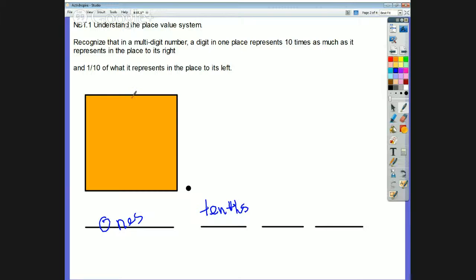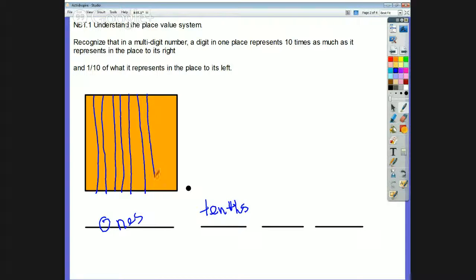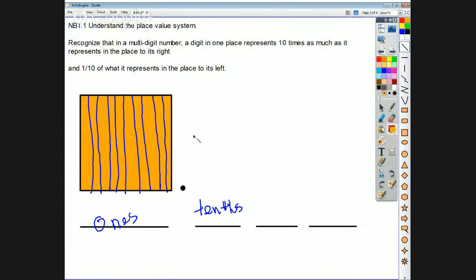If I divided this ones place into 10 slices, or bars, only one of these is the size of the place to the right. So I can divide this ones place into 10 pieces and then illustrate the size difference by creating a bar over the top for you.